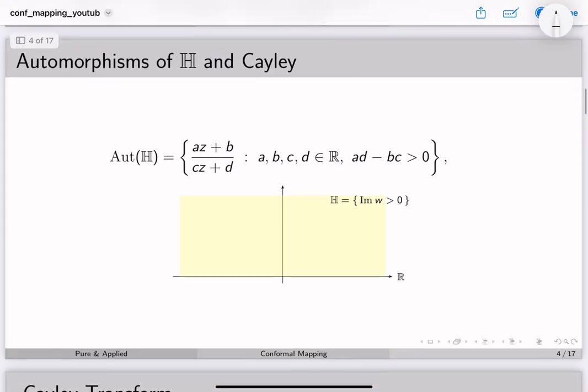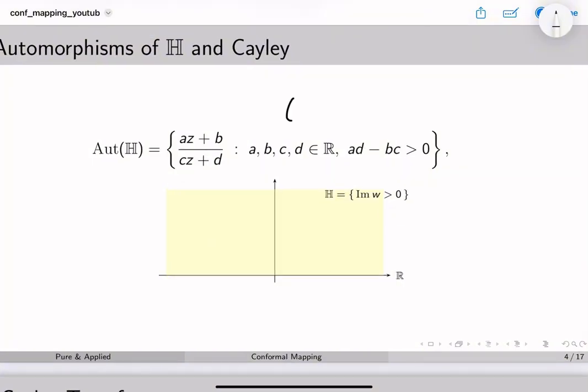The second thing we want to discuss is the so-called linear fractional transformations. And these are transformations where, if you're familiar a little bit with matrices, we are going to take a 2 by 2 matrix, a, b, c, d, that is of positive determinant, for example.